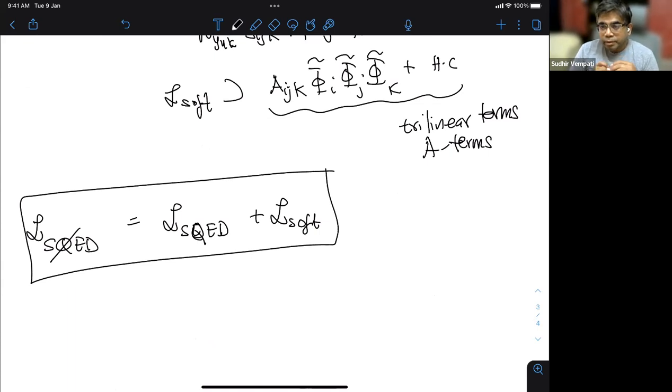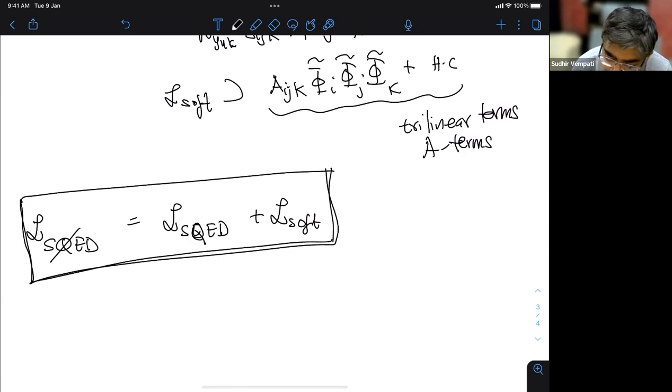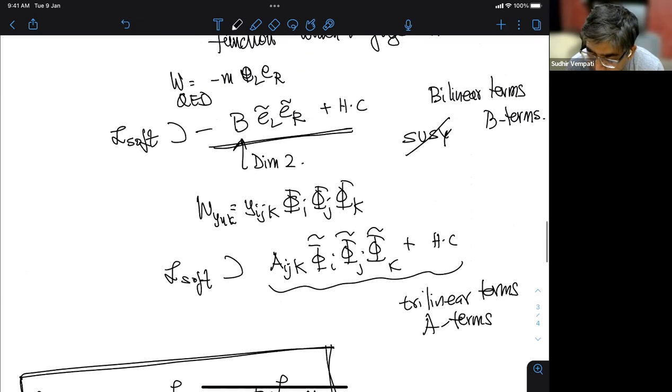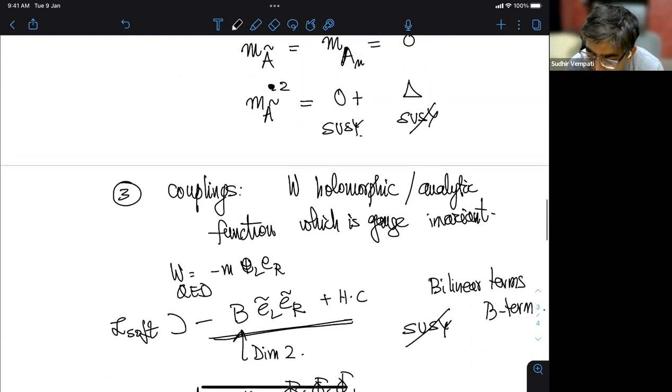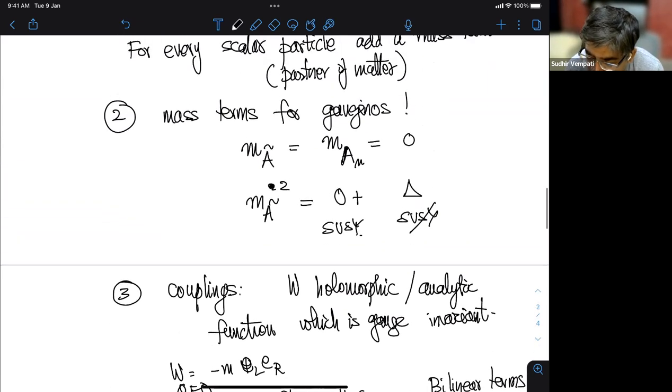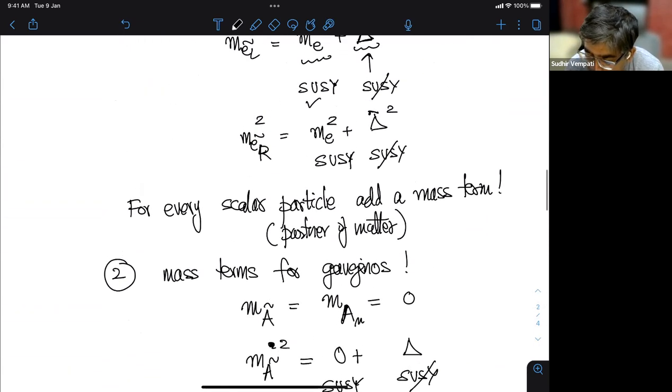This total set of terms, which we will analyze, will be a broken supersymmetric QED theory, which can actually work. This will have a B term, gaugino masses, selectron masses, and so on.